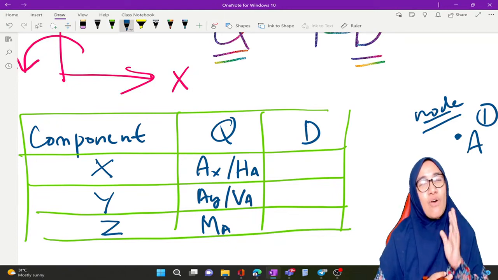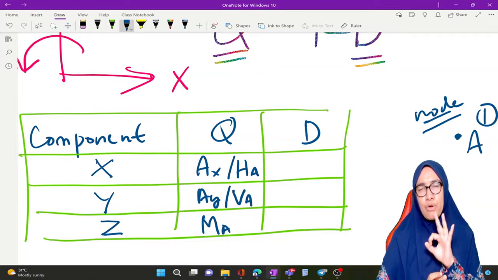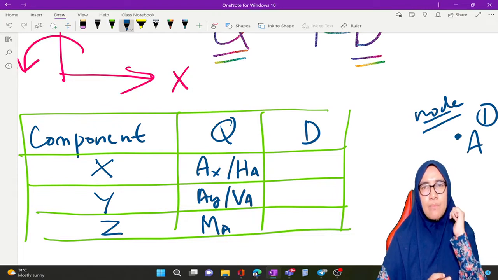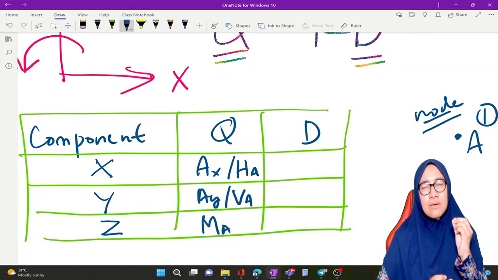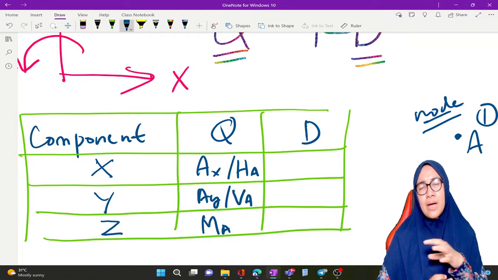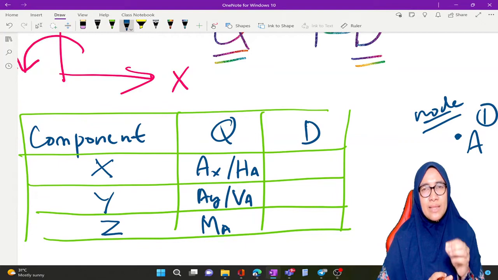forces. Q is forces. There are 3 components: component X, component Y, component Z. In component X, we normally call it horizontal force, or horizontal reaction if it is located at the support.